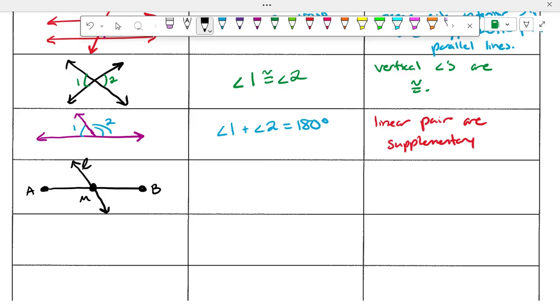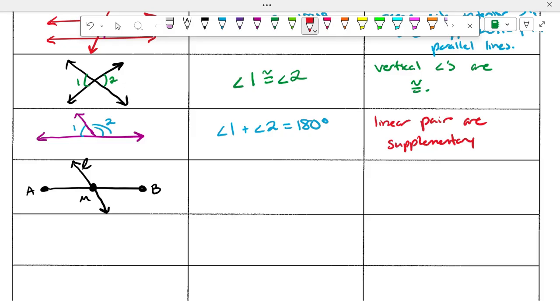Think about how the diagonals of a parallelogram relate to each other. What's true about the diagonals of a parallelogram?